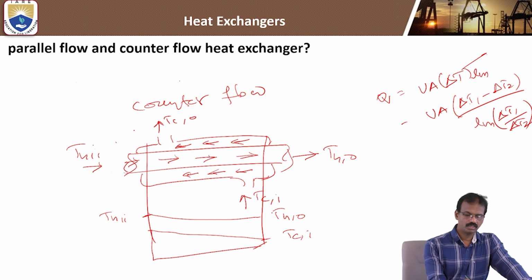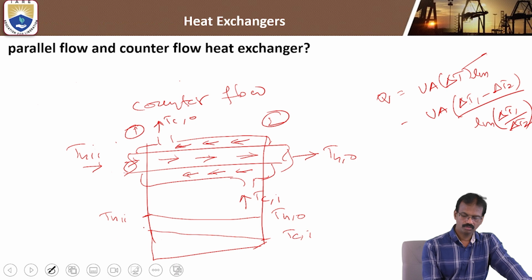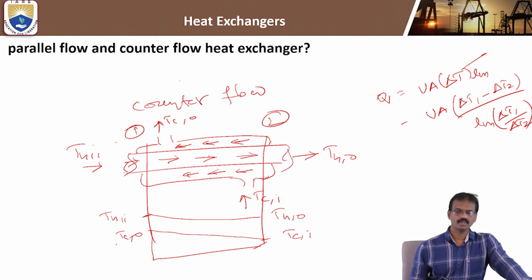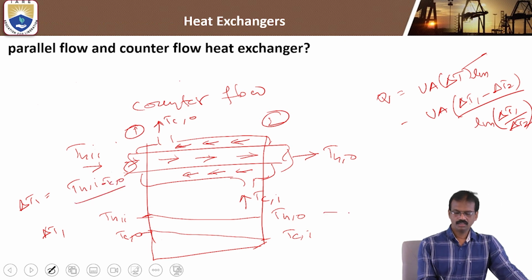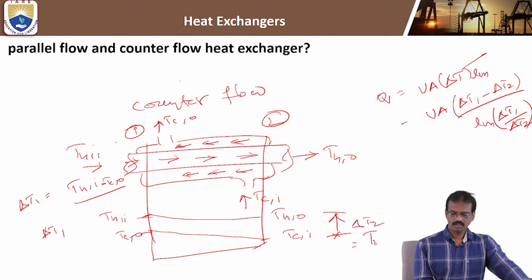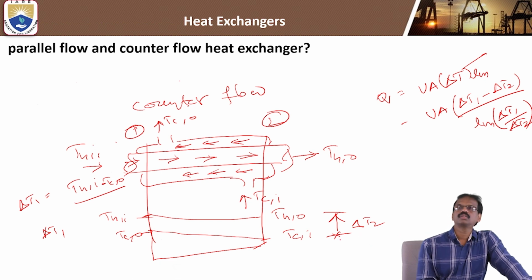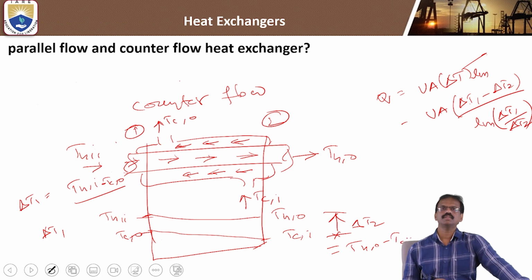You consider this section 1, 2. You consider this one, position 1. So cold fluid leaves here. Okay. So this is the difference, means delta T1. Here delta T1 is equal to THI minus TCO. Okay. Here delta T2 is equal to THO minus TCI.